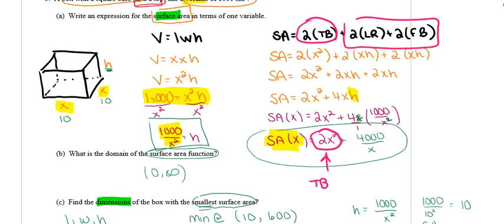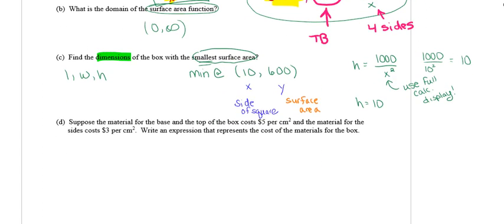This 4,000 over x came from the four sides. So when I go to find cost here now, I'm going to multiply the cost of the top and bottom by this 2x squared, and multiply the cost of the materials for the sides by this 4,000 over x.